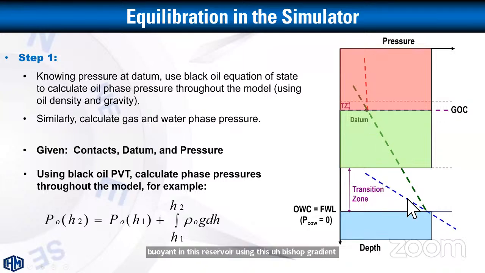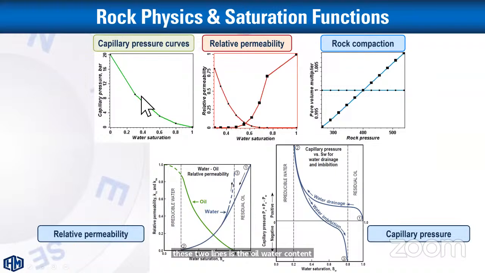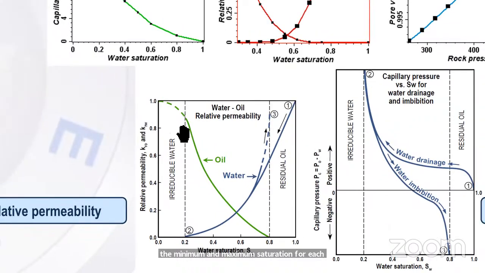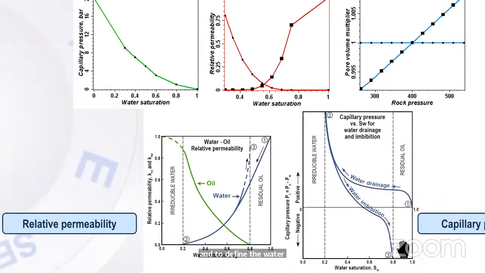This is the gradient line for oil, the gradient line for water, and this is the pressure gradient line for the gas. The intersection between these two lines is the oil-water contact. In that case, we have to apply the rock physics and saturation functions to define the minimum and maximum saturation for each phase using the relative permeability curve, and to define the water saturation distribution using the capillary pressure curve.